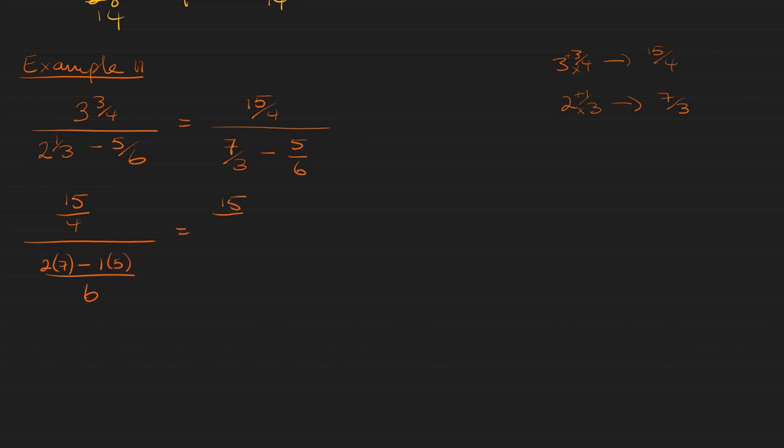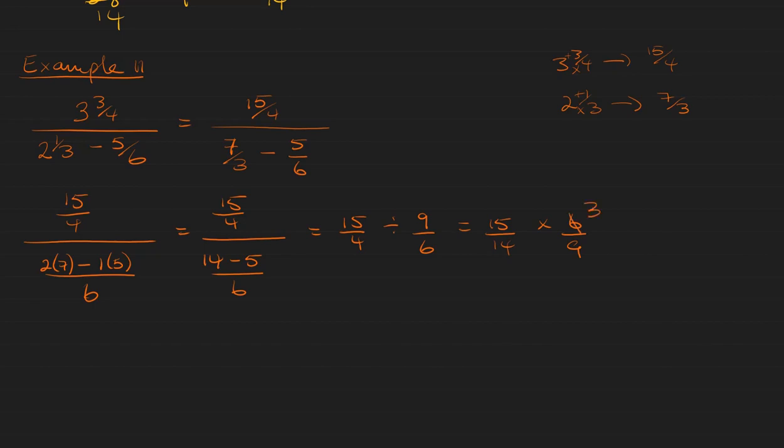So 15 over 4 all over 14 minus 5 over 6, which is 15 over 4 divided by 9 over 6. This is equivalent to 15 over 4 multiplied by 6 over 9.